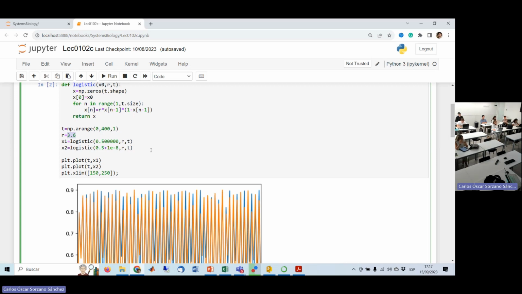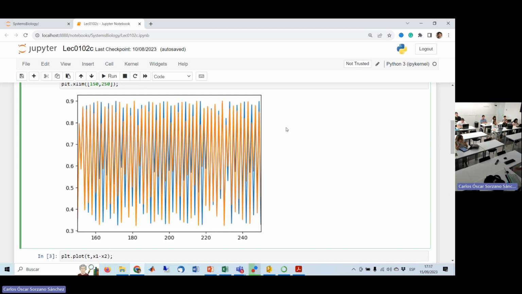Would you think that these two solutions would be very similar? The initial conditions are very similar, so we expect that the two evolutions over time are also similar. But when we plot them, this is what we see, and that is what you have in the slide too.